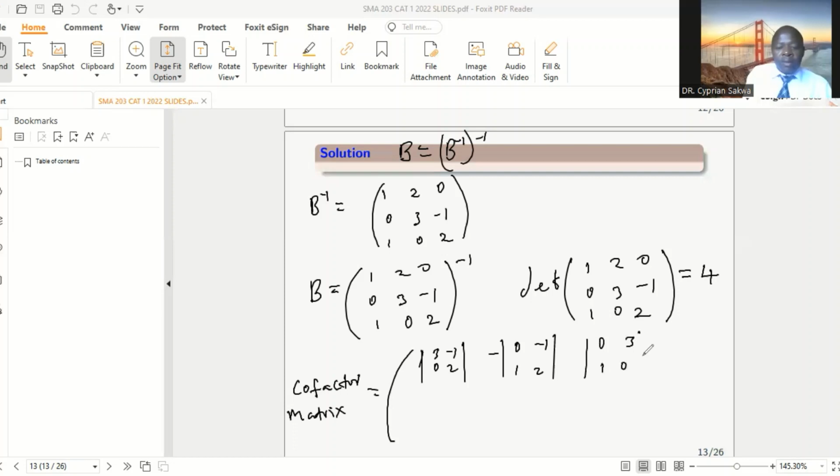Let me just do it for all of them, actually. The other element here is 0. Delete its row and its column. Try and be accurate because I'm fast. You have 2, 0, and 0, 2.